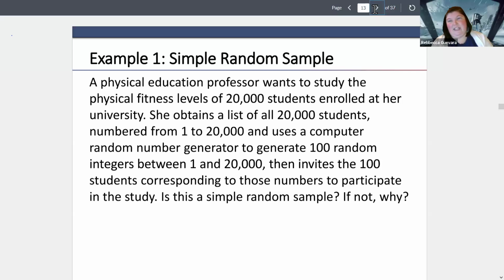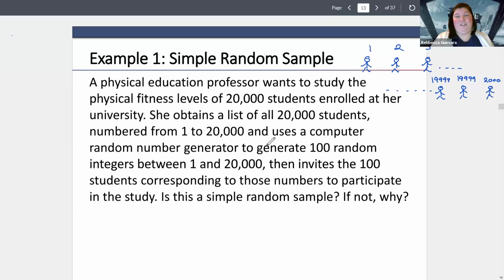So what this means is that each person gets assigned a number, and we're going to go through from 1 to 20,000. I'm not going to write them all down here because we'll be here all day. Even these 6 here are taking a long time.